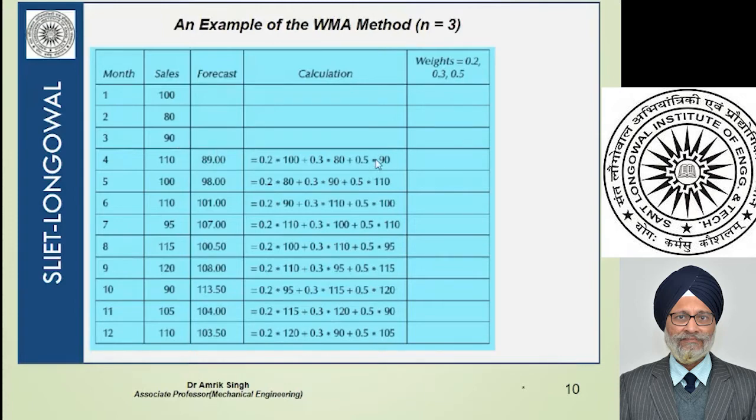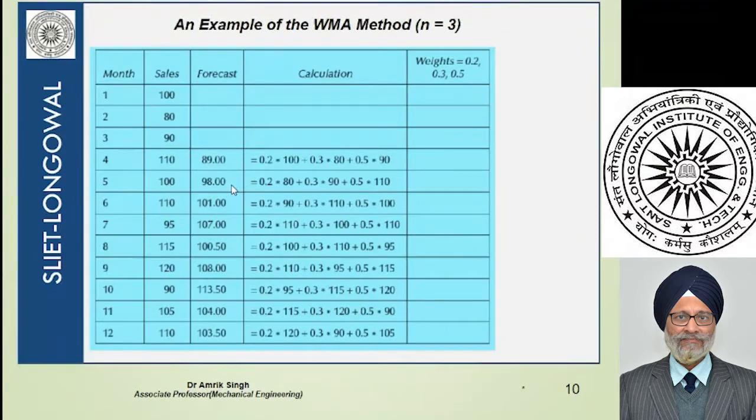So you see, we have assigned more weight to the recent one, less than this to the intermediate one, and the minimum weight to the oldest. So we calculate 0.2 into 100, that is the sale value, plus 0.3 into 80, plus 0.5 into 90. This way we calculate.